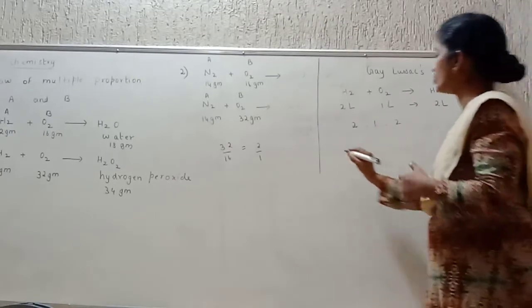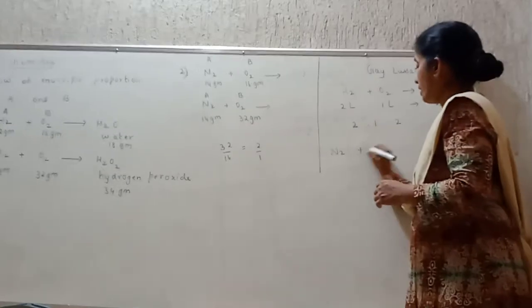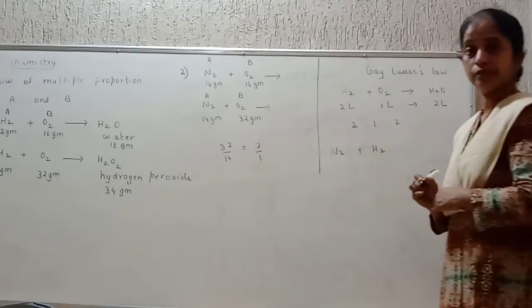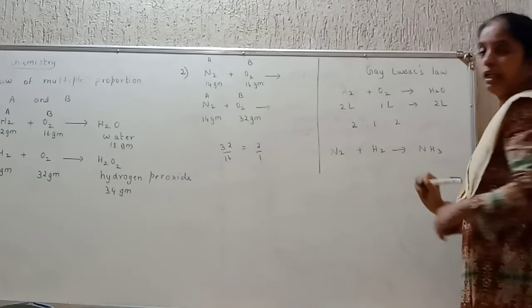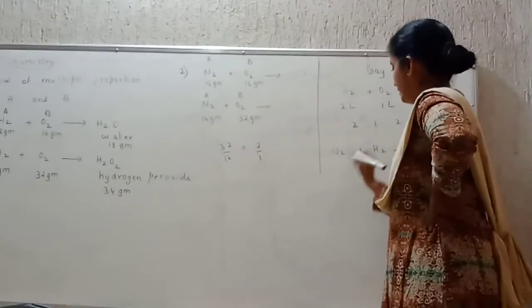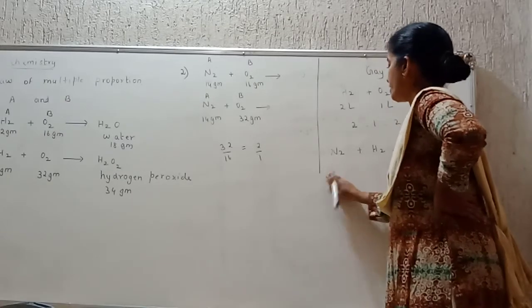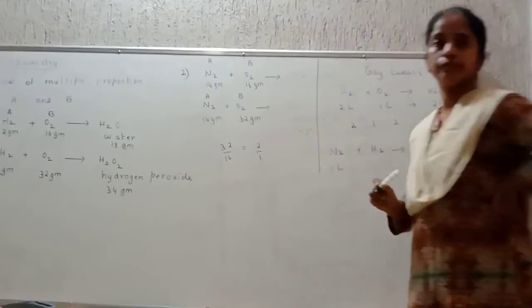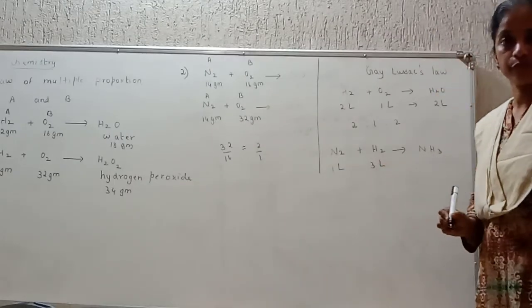Understood? Now take nitrogen. Nitrogen is a gas, hydrogen is a gas. We get ammonia. Here we require, we'll put it like this, 1 liter of nitrogen combines with 3 liters of hydrogen.